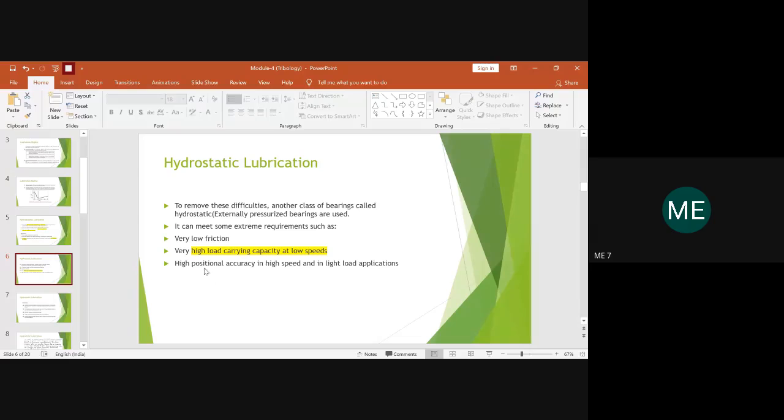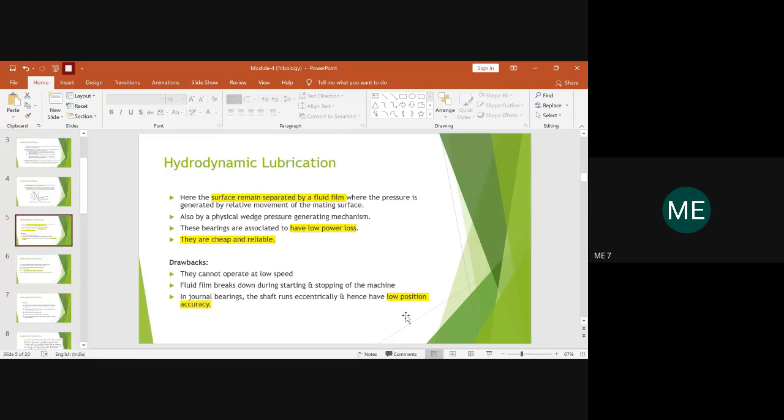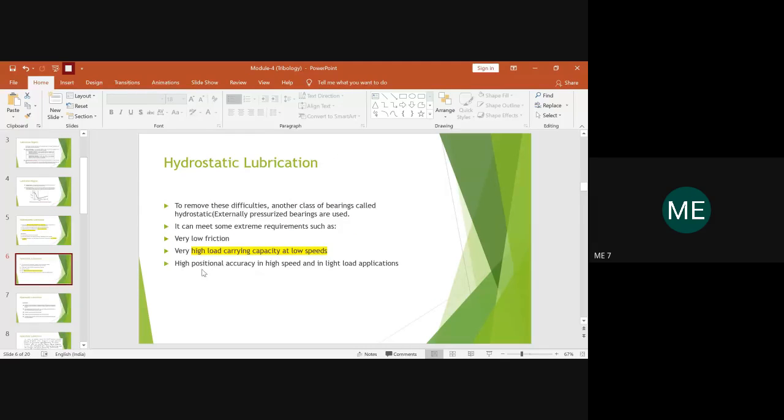And lastly, low position accuracy was associated with hydrodynamic bearings because the shaft runs eccentrically, whereas here it has high positional accuracy. That was another important plus point. These plus points help to implement hydrostatic lubrication based journal bearings also.